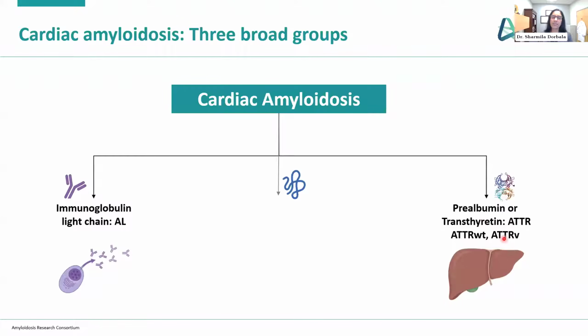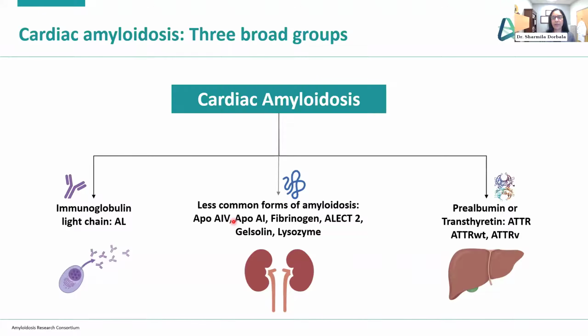So either of these can affect the heart, and then we call this transthyretin amyloidosis. We now have a number of different treatments. Stabilizing drugs to stabilize the wild type transthyretin amyloid, and silencing drugs to treat the variant type of amyloid.